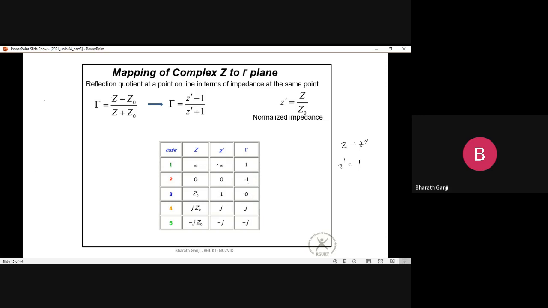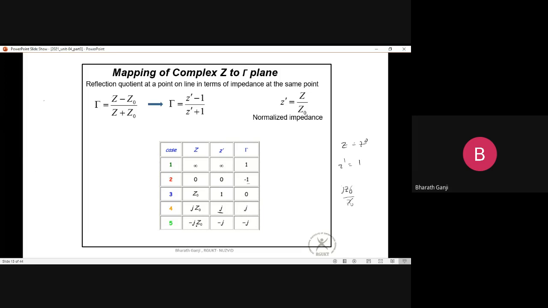If I take the value of z as j z naught, which means it does not have any real part but only an imaginary part, then the normalized impedance is z divided by z naught, which is the imaginary number j, and if I put it in this formula, I get the reflection coefficient, which will be j again.